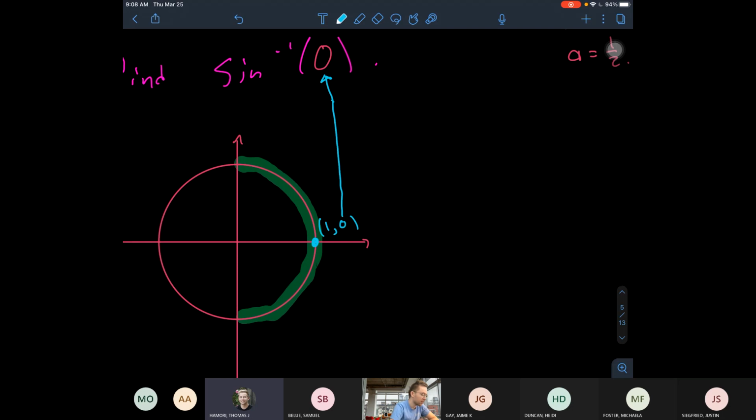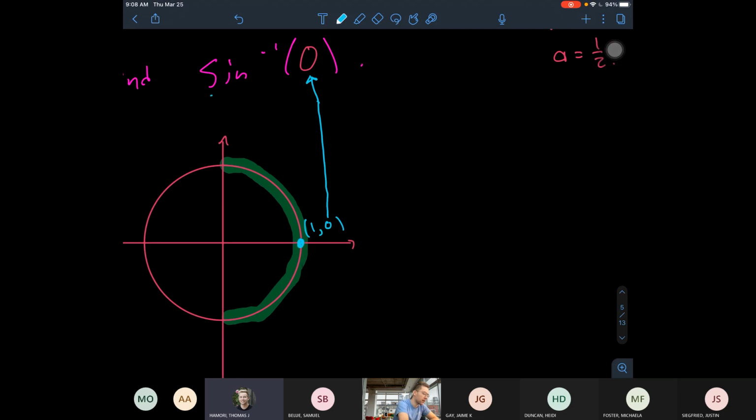And so the question is, we're doing a sine inverse problem, so our answer should be an angle theta which is less than or equal to pi over 2 and larger than or equal to negative pi over 2, such that theta points at 1, 0.